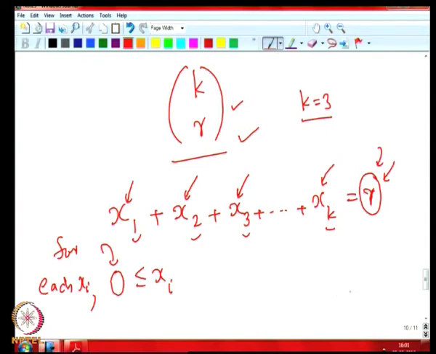But we never considered the situation where we also have an upper bound on this xi, namely each xi is upper bounded by some ni, where this ni is less than r.